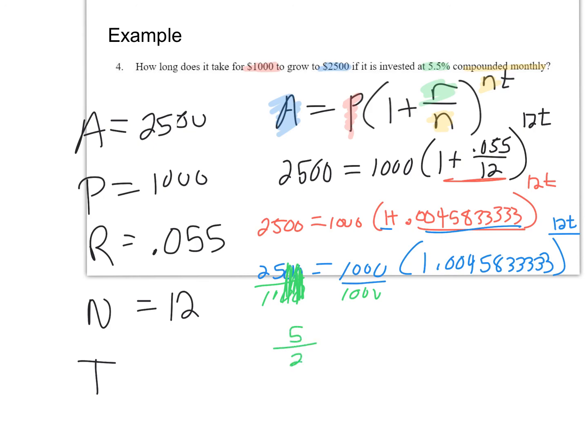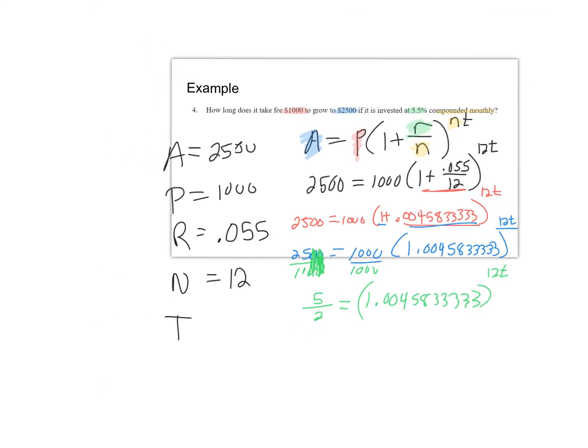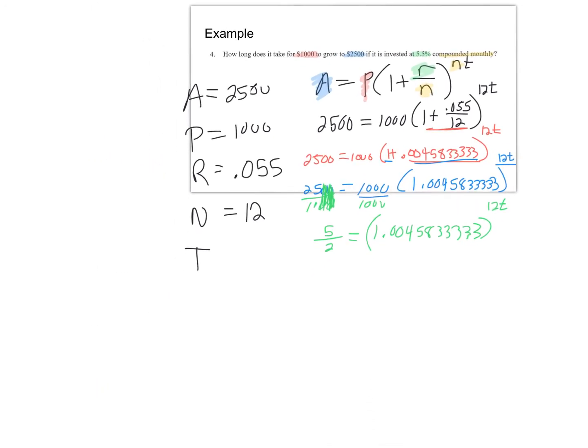If you want to keep it 25 over 10, or keep it 2,500 over 1,000, you're more than welcome to do so, but it's not really all that needed. Equals 1.004583333 raised to the 12th. I'm going to shrink this a little bit while you guys catch up. Now at this point, I'm going to take the log because I got to drag this exponent down into the main problem.